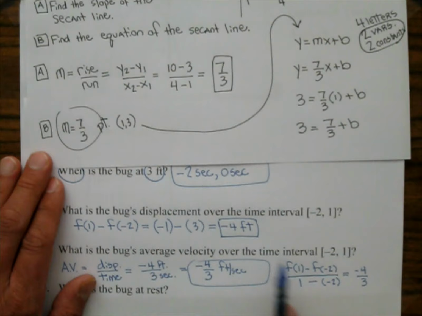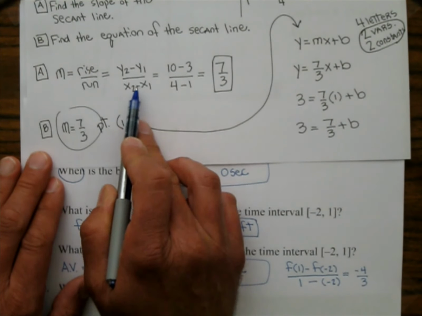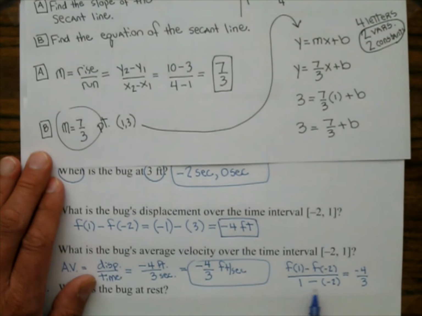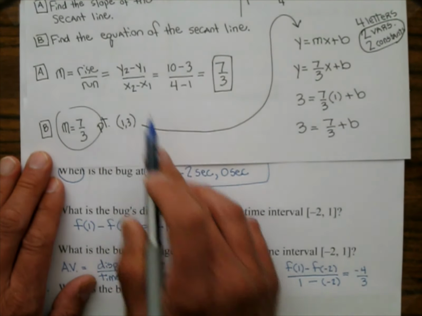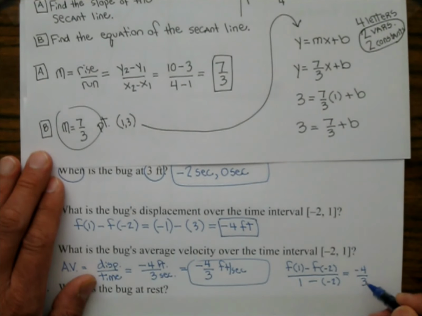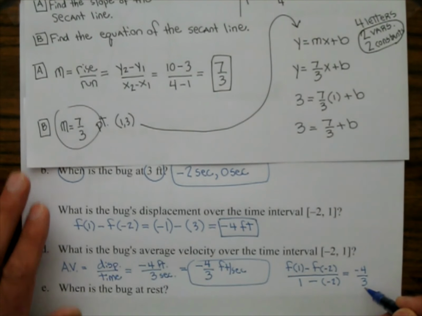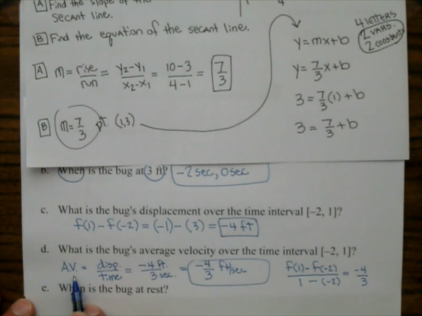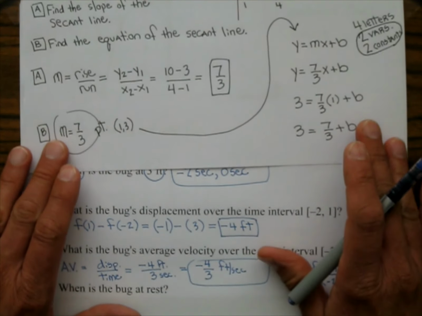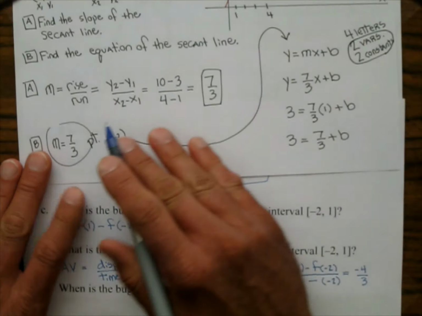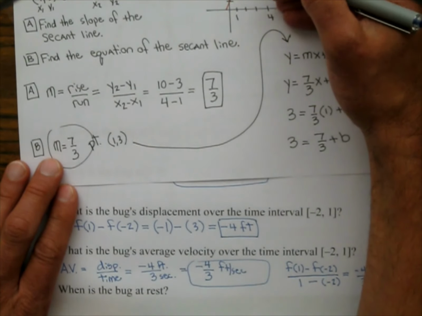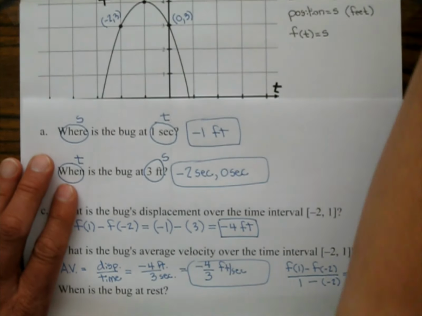These are x values, or actually t values, and f of 1 and f of negative 2 are s values or y values. So this negative 4/3, not only is it the average velocity, but it has something to do with the graph. Remember, this rise over run gave us the slope of the secant line.